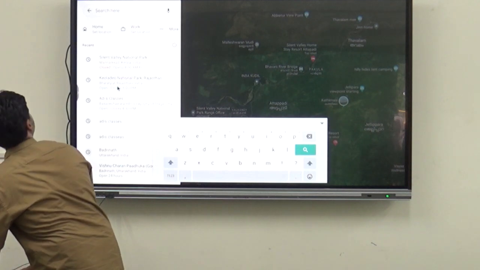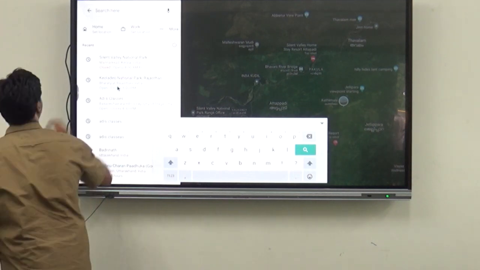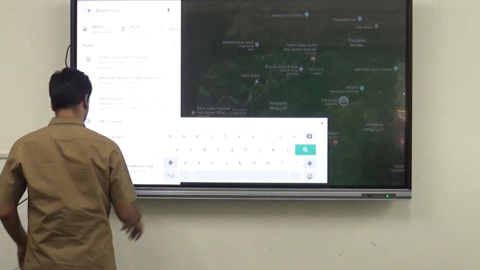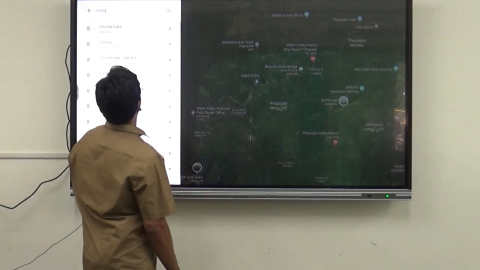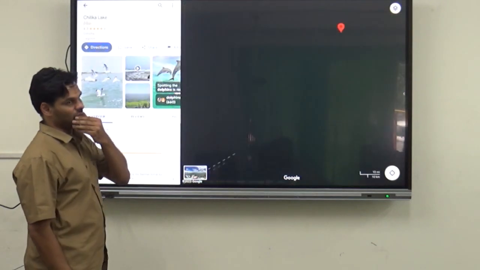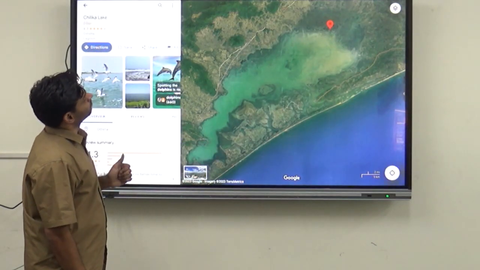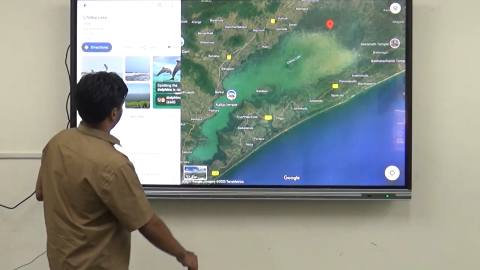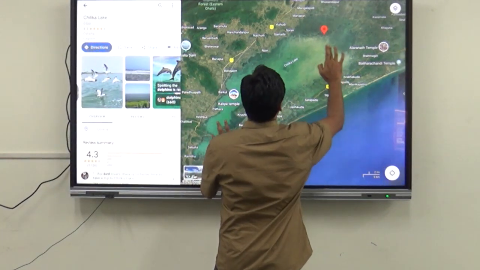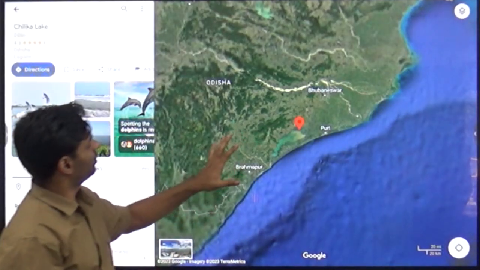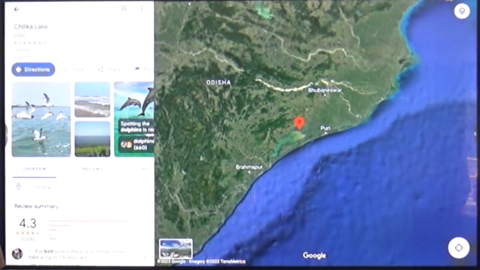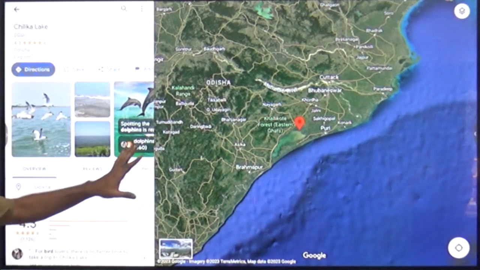Okay, let's look at Chilika Lake for a moment. Okay, can you see the location of Chilika Lake now? Can you see the location of Chilika Lake?